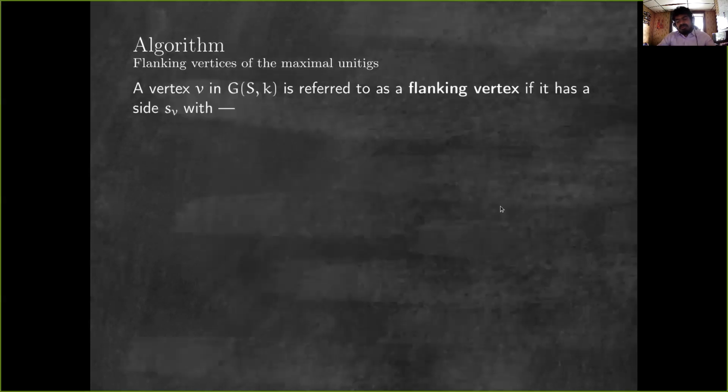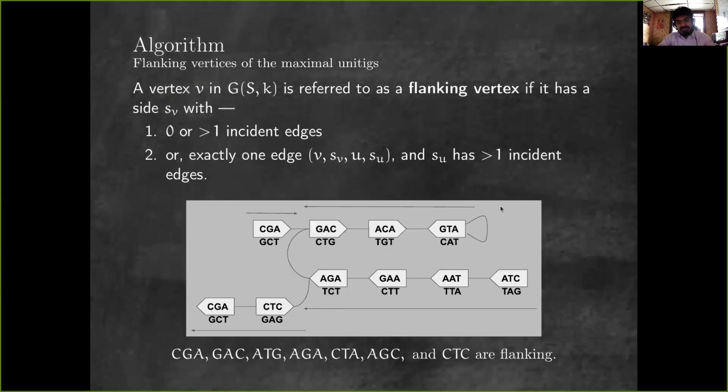A vertex V is called the flanking vertex if it has at least one side SV such that SV either has zero incident edge or more than one edges, or SV has exactly one incident edge that connects V to some other vertex U and to its side SU, but SU has multiple incident edges. For example, consider the vertex CGA here.